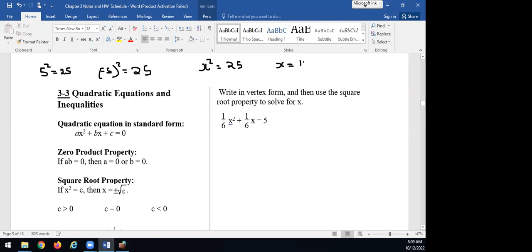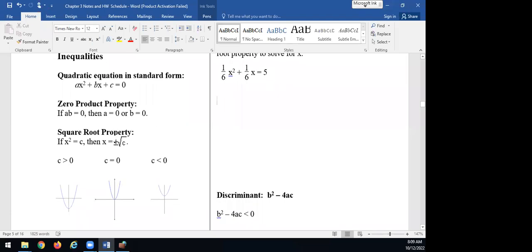X could be positive 5 or negative 5, right? So that's where the idea comes from. Because if you square the negative 5, you also get 25. So if you do the opposite, the reverse, by square rooting 25, then you should get plus or minus 5. So that is where this idea comes from. So always remember that there are going to be two possibilities, the negative or the positive. Is that clear to everybody?